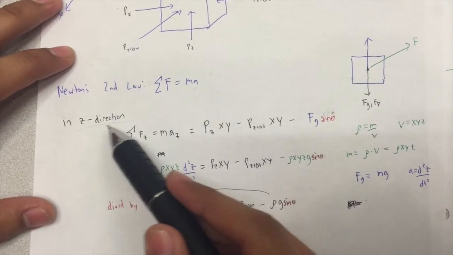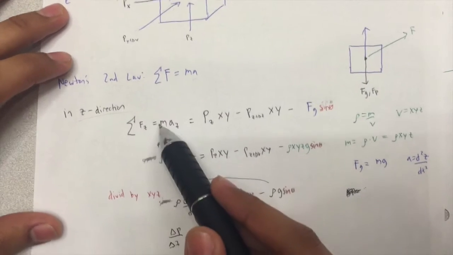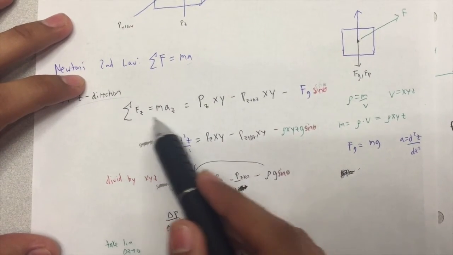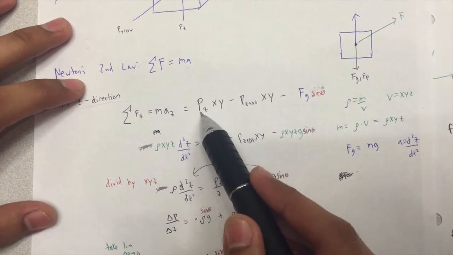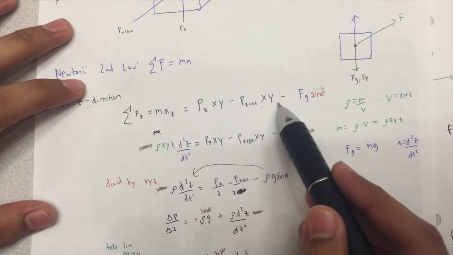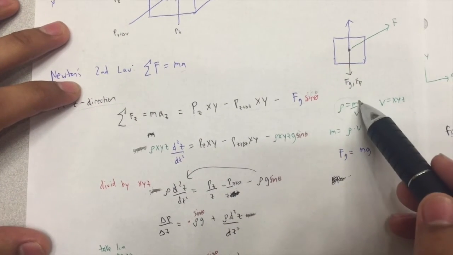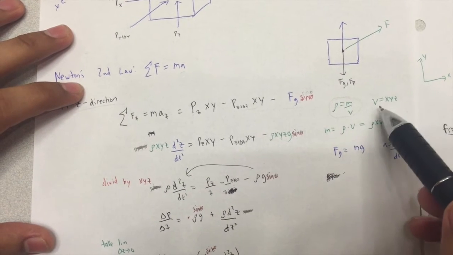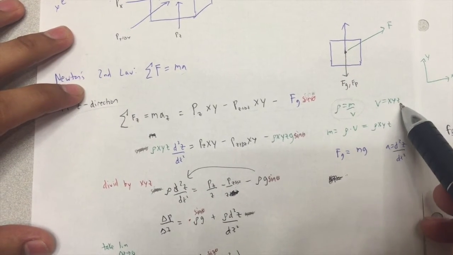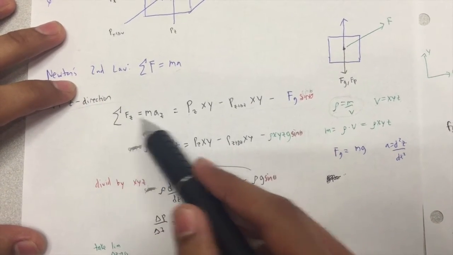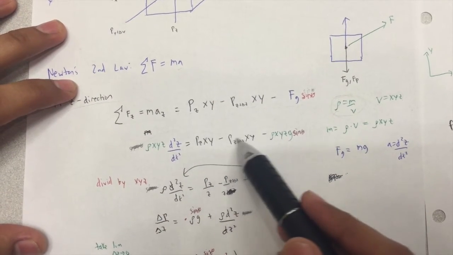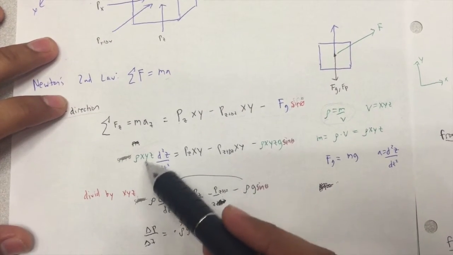In the z, or up and down direction, if we use F equals ma, we have all these terms. Pressure going up minus pressure going down minus the force of gravity. Using different facts such as density equals mass over volume, and volume represented as x, y, z, plug and chug, and doing some algebraic and even some calculus manipulation, we can continue with this equation.